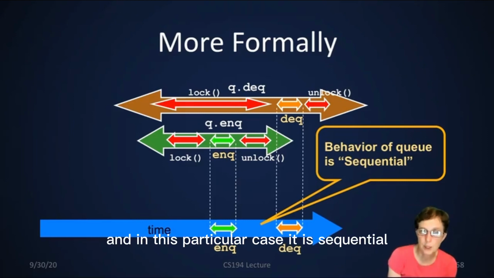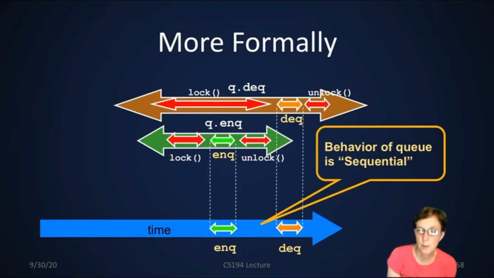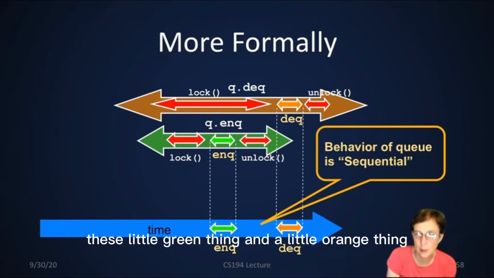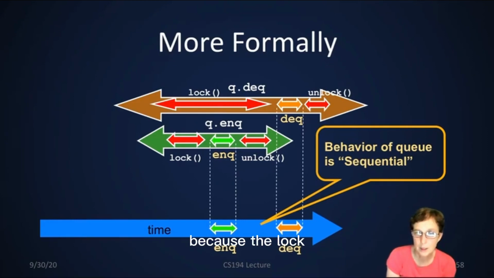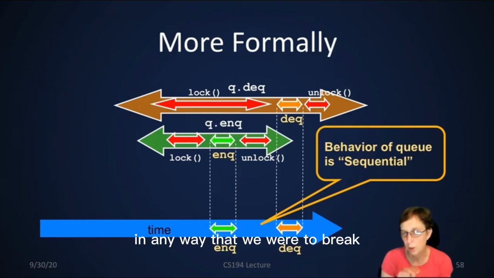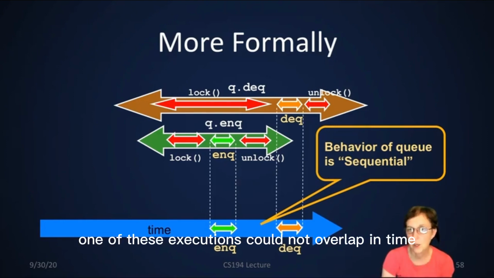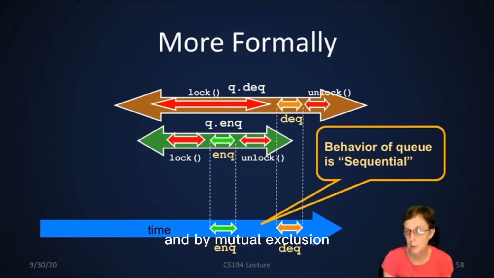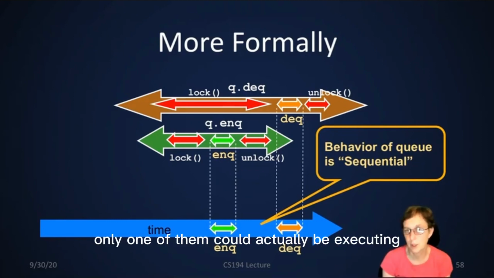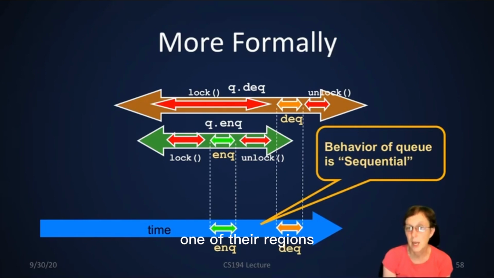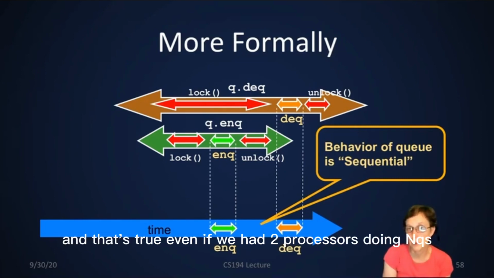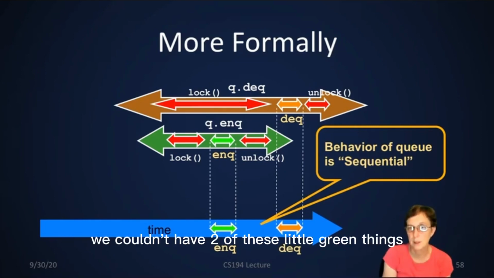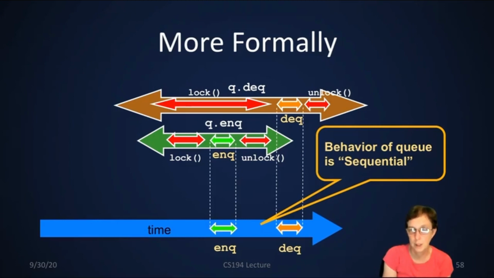And in this particular case, it is sequential. The little green thing and the little orange thing do not overlap because the lock, in any way that we were to write one of these executions, could not overlap in time because the lock has to be held. And by mutual exclusion, only one of them could actually be executing one of their regions. And that's true even if we had two processors doing NQs, we couldn't have two of these little green things overlapping either.